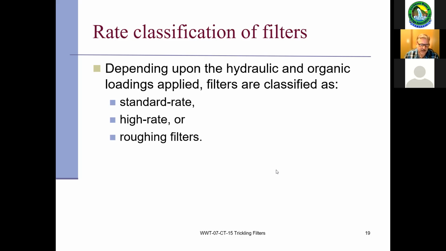With high rate, you might be using these trickling filters to process as much flow as possible, maybe in a pre-treatment type facility. Roughing filters are considered the same thing, where they're trying to take the initial load off that wastewater before it flows somewhere else.